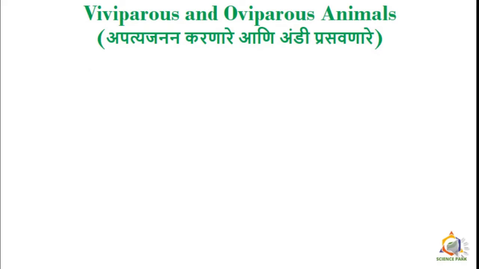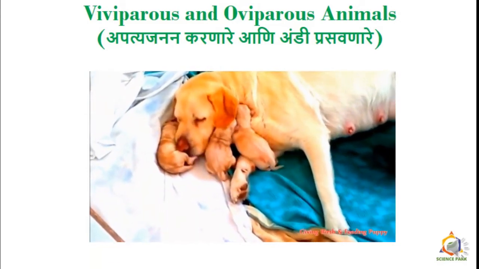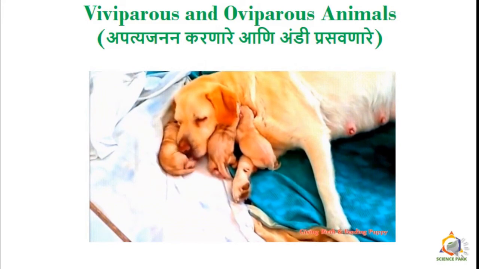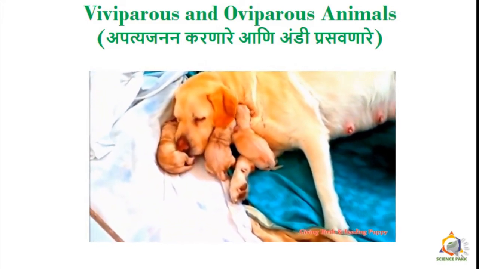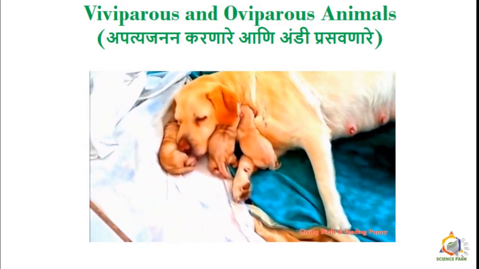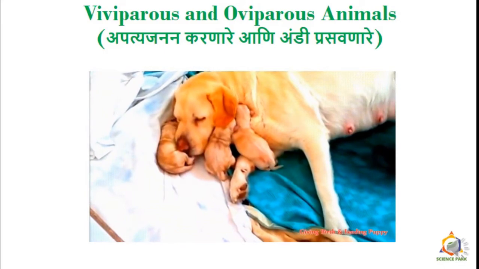Viviparous and oviparous animals. Some animals directly give birth to young ones and some lay eggs. As you all know, dogs directly give birth to puppies, or a cat gives birth to babies called kittens. So the animals which give birth directly to the young ones are called viviparous animals.